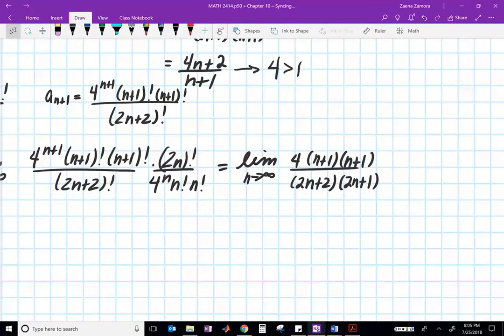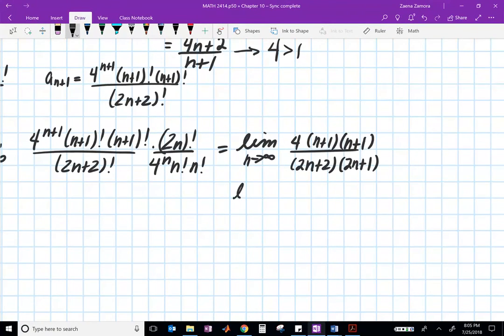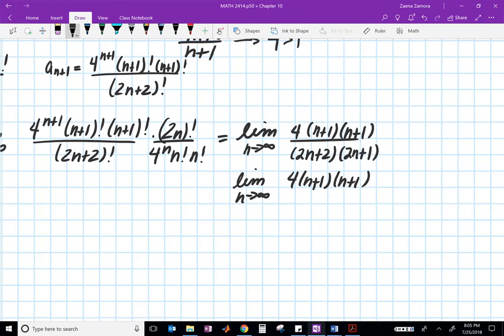And then again, what can I factor out of here? A 2. So I'm going to have the limit as n goes to infinity of 4 times n plus 1, n plus 1, divided by 2n plus 1, 2n plus 1.